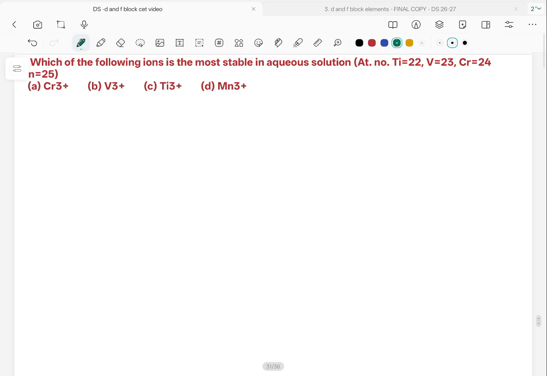The question is, which of the following ions is most stable in aqueous solution? We are given the ions here. In aqueous solution, the stability of the ion is governed by crystal field stabilization energy.